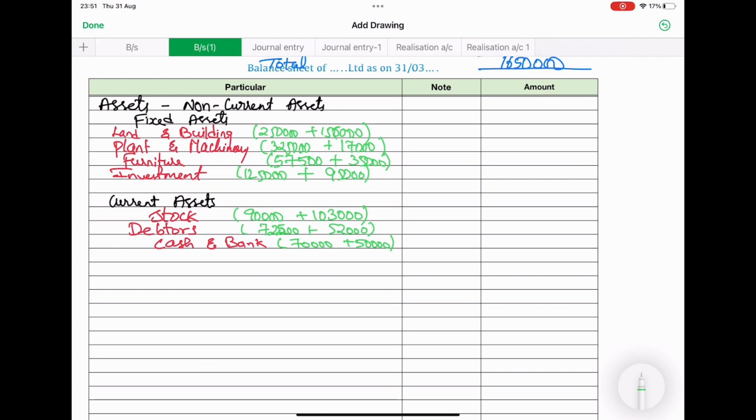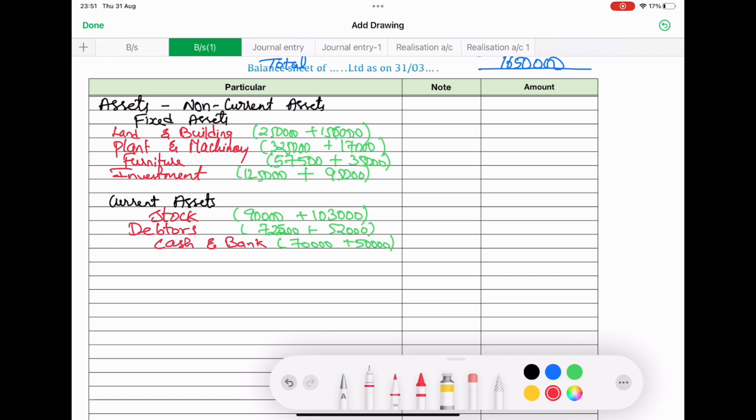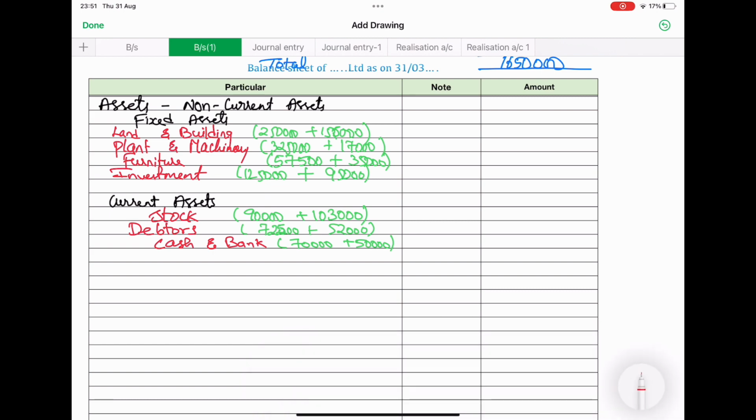Now we are going to add all the assets and write them in the amount column. Here we have 2,50,000 plus 1,55,000, 4,05,000. Next, 4,95,000. If you add, you will get the same value. Next 92,500.